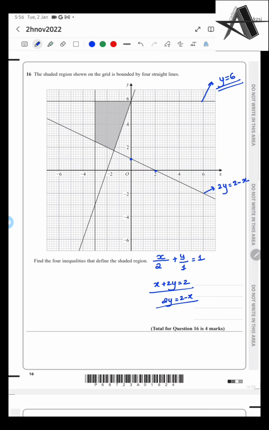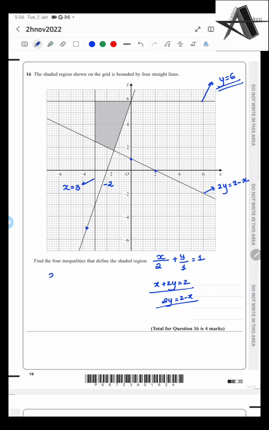Next, now we have to see this line. You can clearly see this is a straight line parallel to the y-axis and it's passing through x equals 3. So that means the equation is x equals 3. Next is this line. If you see, its x-intercept is negative 2 and y-intercept is 6.